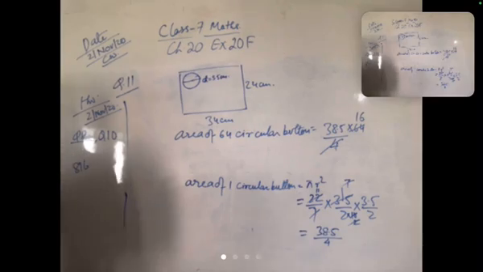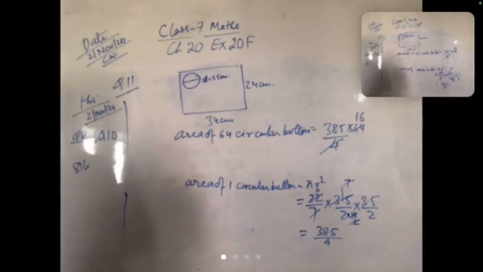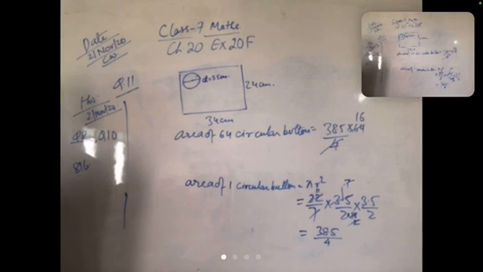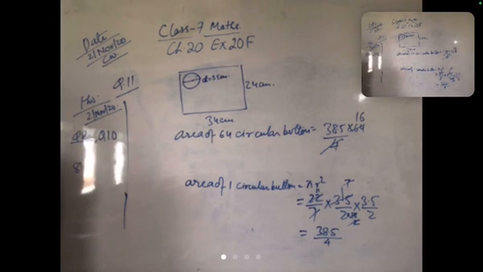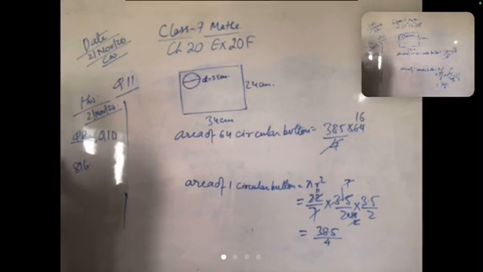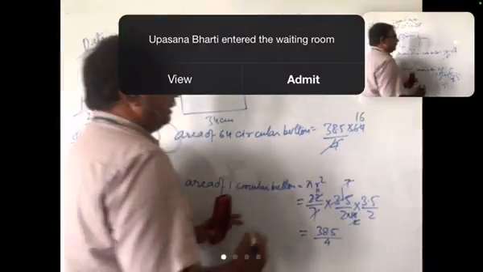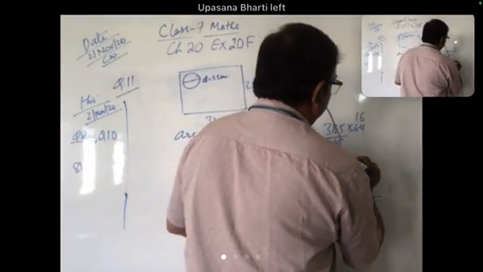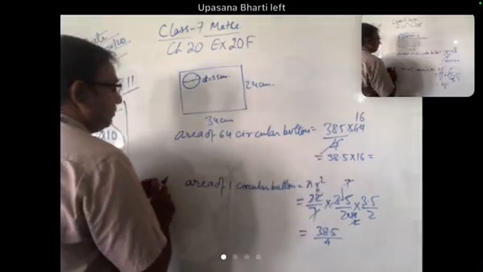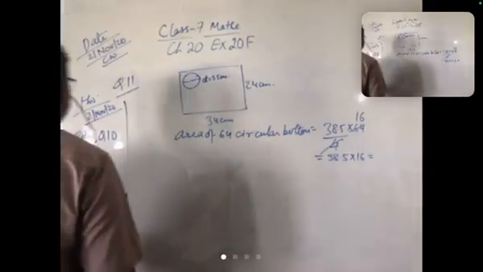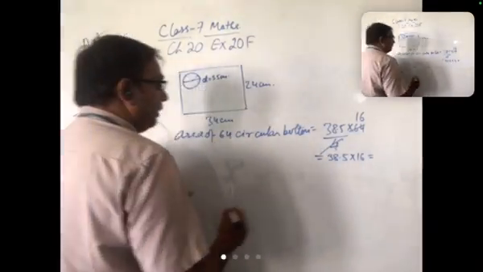Let's see. Now, what is the answer? 38.5 into 16 is equal to, what is the answer? 596?